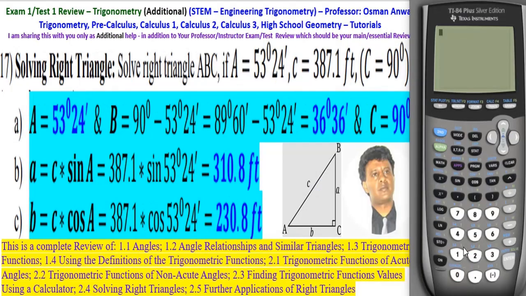So for a here, a equals c sine A, which is 387.1 sine of 53 degrees and 24 minutes.